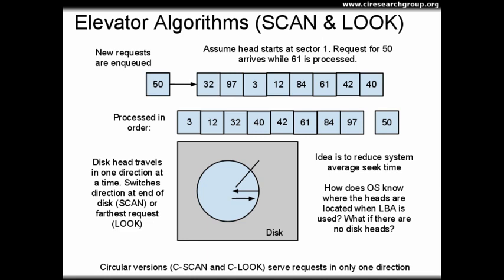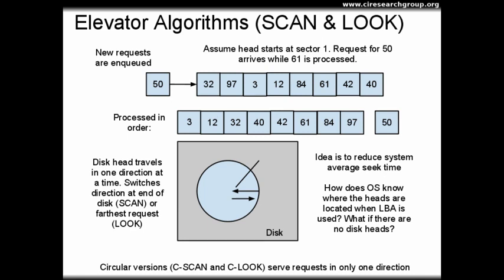This is called the elevator algorithm because it's modeled after how an elevator works in a building. The elevator leaves the ground floor, moves to the highest floor, stopping along the way to add passengers traveling up, remove passengers at whichever floor they wish to stop on, and then once the elevator reaches the highest floor, it turns around and comes back down.